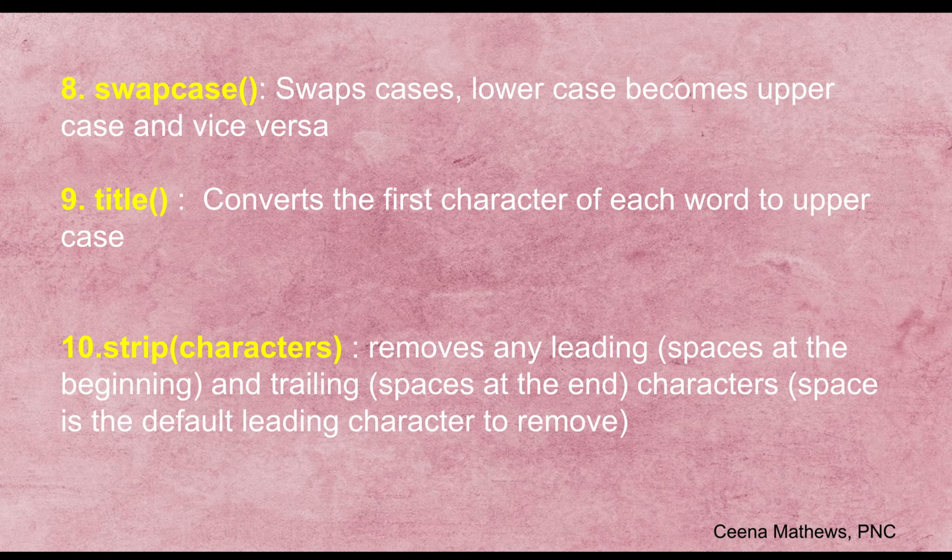Next is swap case, which swaps cases, that is lowercase becomes uppercase and uppercase becomes lowercase in this method, and title converts the first character of each word to uppercase, and strip removes any leading and trailing characters. Characters can be any character. The default is the space. Okay, if no characters are given, it will be taking it as spaces. It removes all leading and trailing spaces.